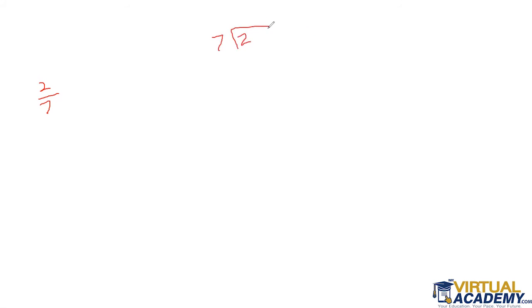I'm going to need a nice long division symbol here. Seven goes into 2 0 times. So we need to do a decimal here and create a 0. 7 goes into 20 twice because 2 times 7 is 14.